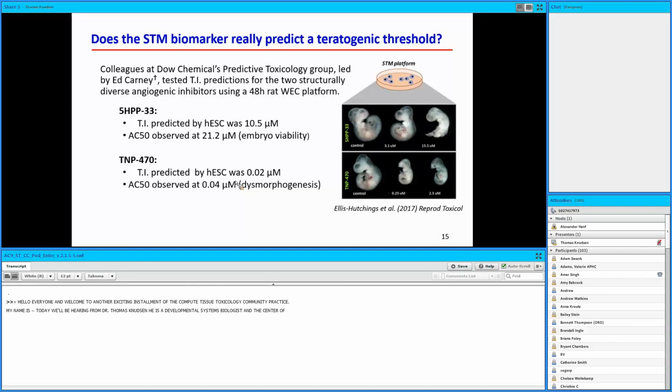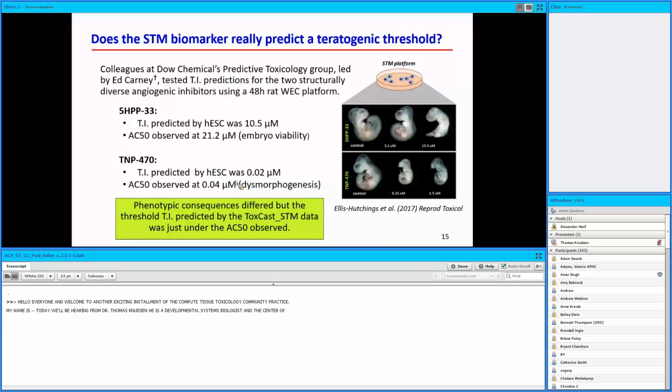And they did rat embryo culture, which they're experts at, over a 48-hour period, and exposed the rat embryos to either compound at a variety of concentrations. For 5-HPP33, they observed an AC50 on embryo viability in culture at 21.2 micromolar. For TNP470, they observed an AC50 at 0.04 micromolar.